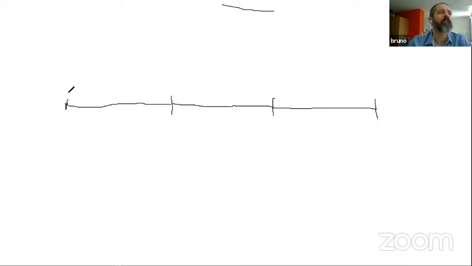Okay. So here is 0. I'm going to call this L. And I'm going to call this T. Okay. So your start is here, and then you want to end here. And then you want to start here and then here.